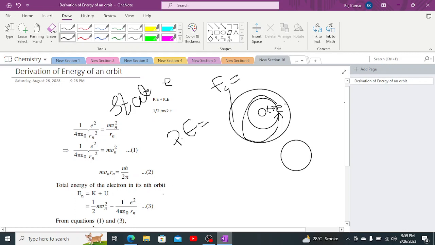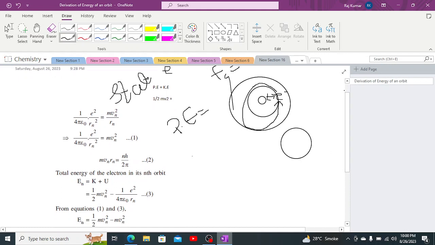The value which we previously found was in such a manner that we had Coulomb's constant, Z square upon 4 pi epsilon naught R square.